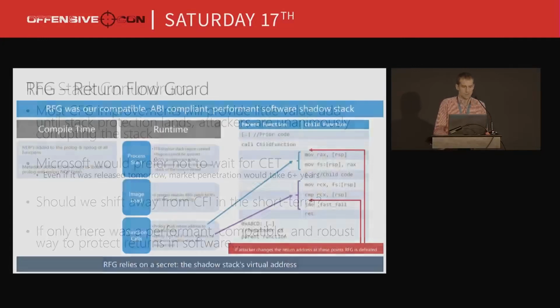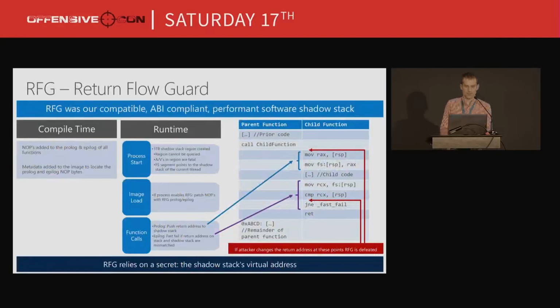And that is when someone on our red team, Jordan Rabet, had a really awesome observation. He noticed that on Windows, the FS segment register is not used by user mode at all. It's a completely unused register. And that allowed us to do something we thought was really cool. We create a 1 terabyte region of virtual address space in user mode. And we make this region completely opaque to user mode.